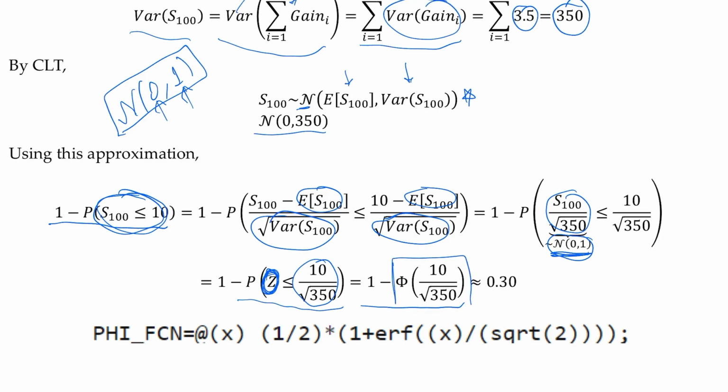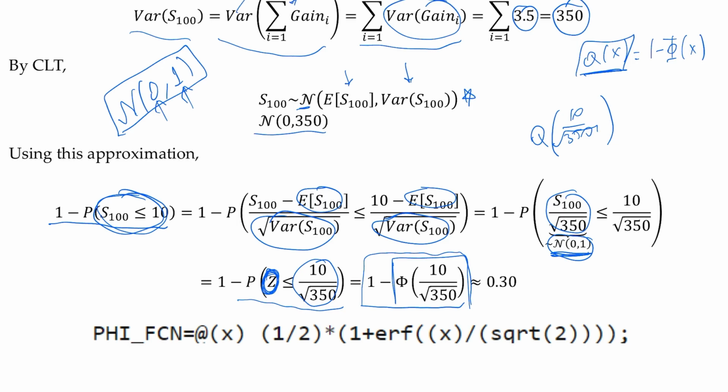This is a phi function. Look, I may not be sure about this, and I need to check that actually, but I'm going to say it anyway. If you want to be really annoying about this, you can also write it as Q of 10 over the square root of 350, because for some reason, instead of writing 1 minus phi of x, people decided to come up with a new function, the Q function.